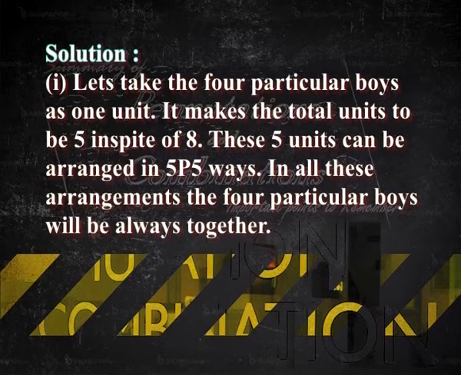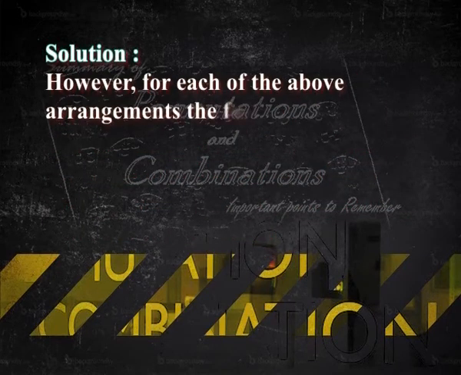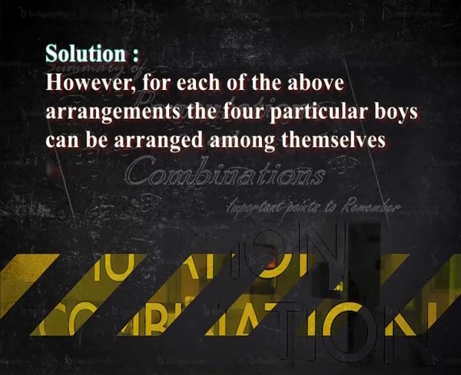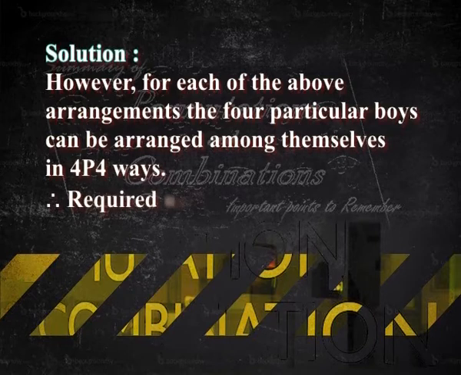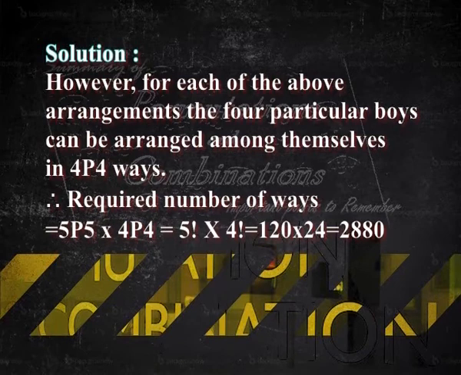In all these arrangements, the 4 particular boys will always be together. However, for each of the above arrangements, the 4 particular boys can be arranged among themselves in 4 permute 4 ways. Therefore, the required number of ways will be 5 permute 5 into 4 permute 4, which is equal to 5 factorial into 4 factorial, which is 120 into 24, that is equal to 2880.